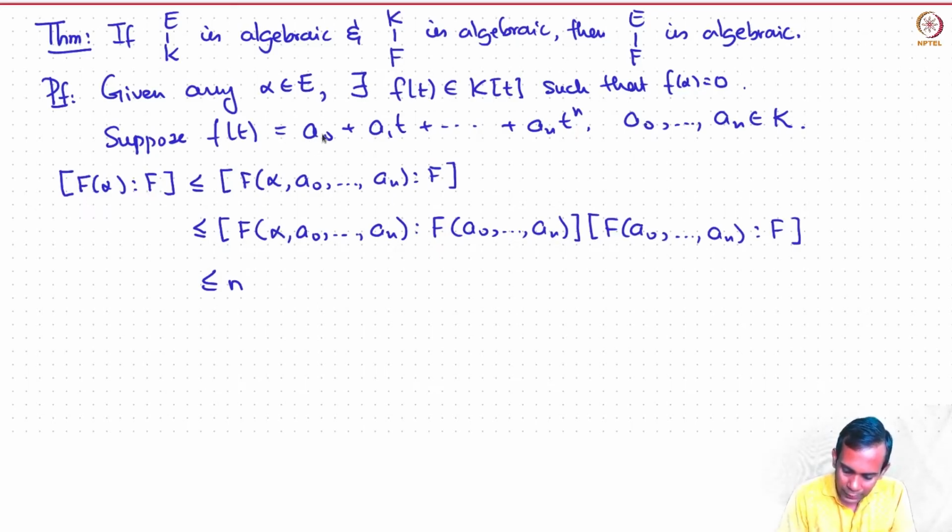This polynomial f(t) has coefficients in F(a_0, ..., a_n).